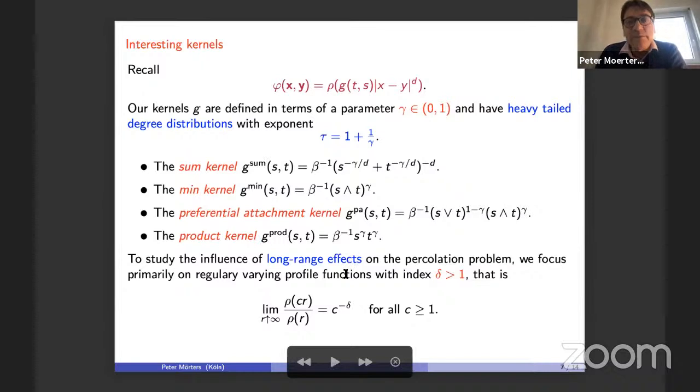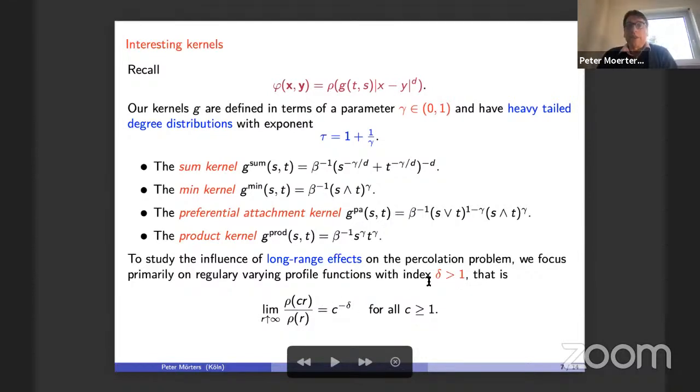And our interest is primarily in the soft models, and that's reflected in the case that we look at profile functions rho that decay like x to the minus delta for some index delta bigger than 1.